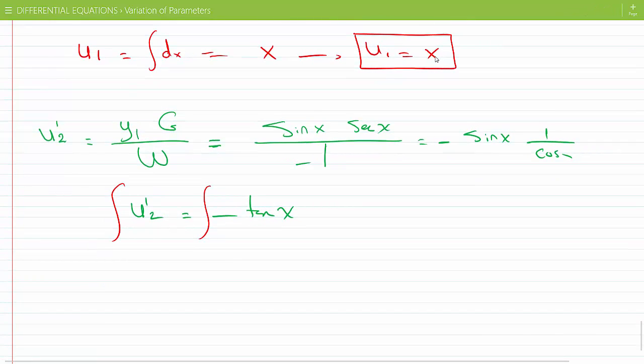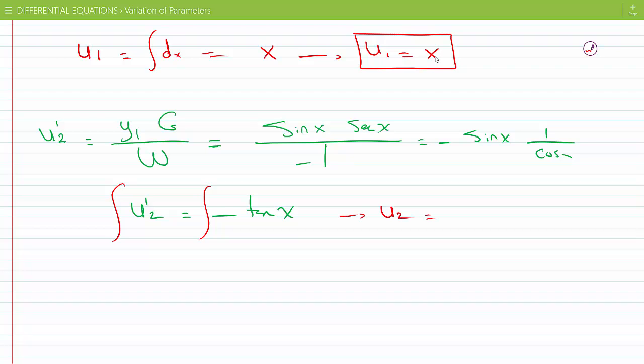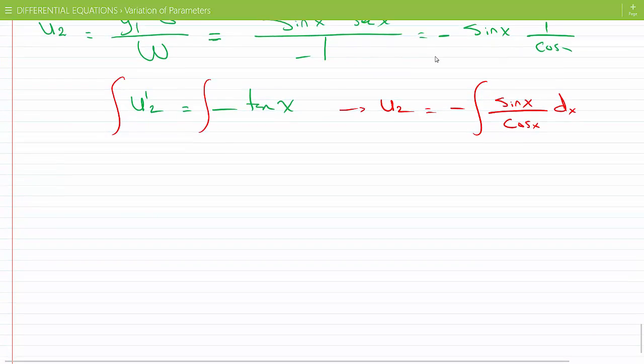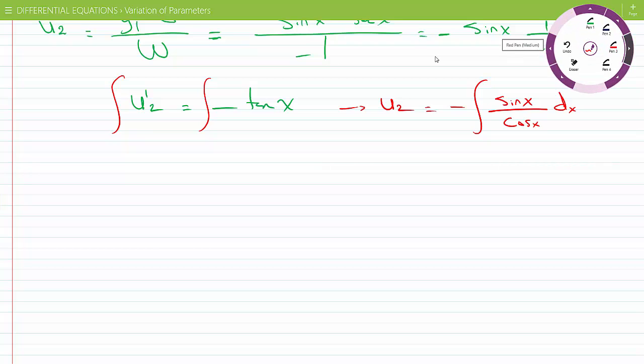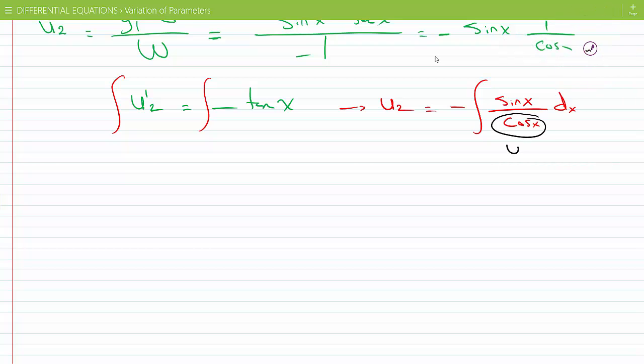You can either do it with u substitution, or if you remember what the formula is, you could use it. If I do it using substitution, Ben, you should know how to do this by now. This is a very simple integral. Let u equal cosine x, which means du equals minus sine x dx.